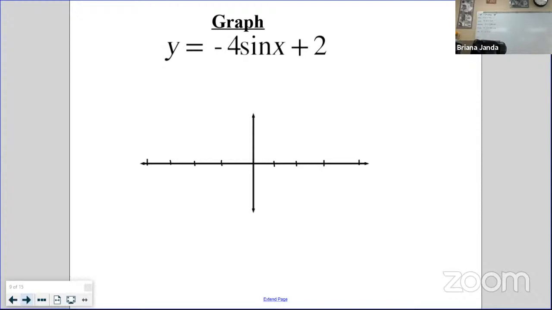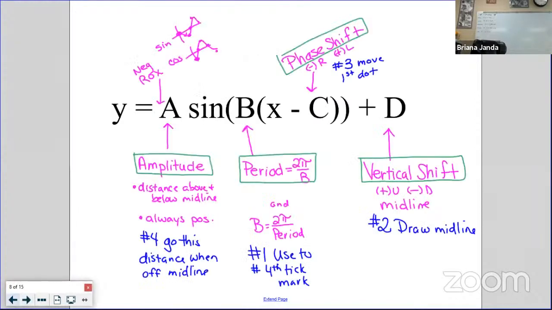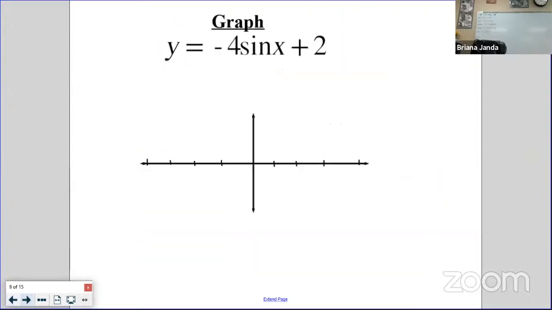If you go back to that sheet that we just filled out, the number one thing I'm going to look at is what my B value is to number my fourth tick mark. And to do that, I'm going to label it with the period, 2 pi divided by B. So B is 1. That's what we've seen this whole time, right? So if B is 1, that means my period is 2 pi divided by 1, or 2 pi. That is the marking on our fourth tick mark, right? That represents the period of the graph.